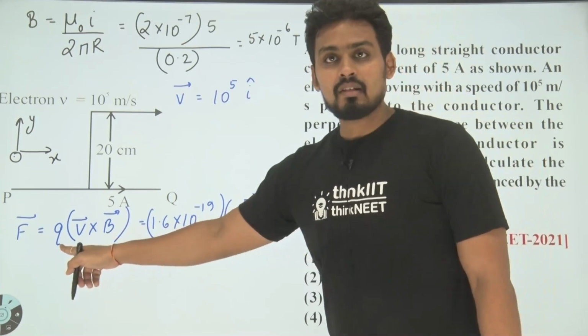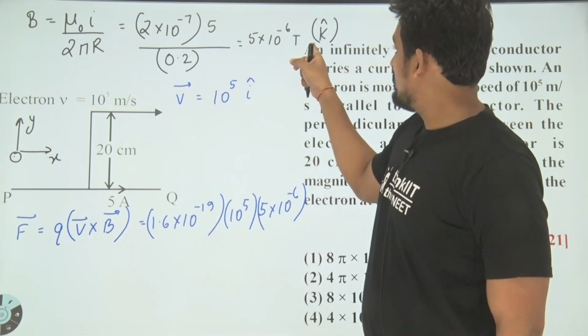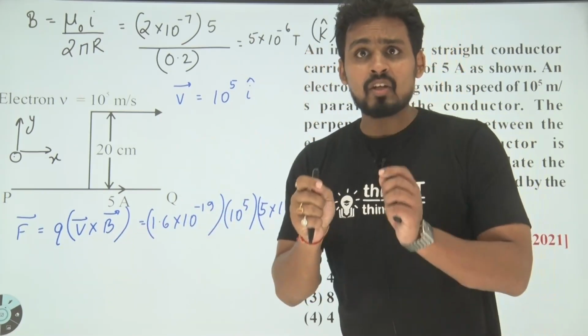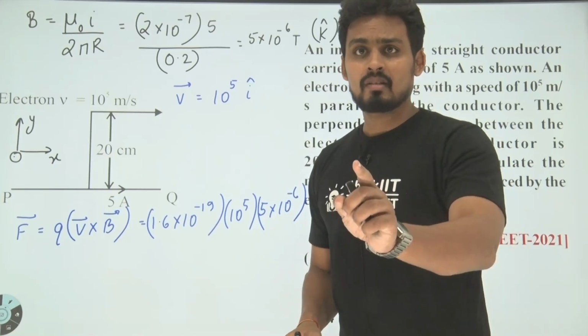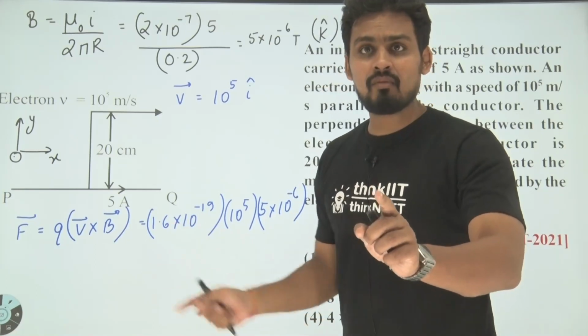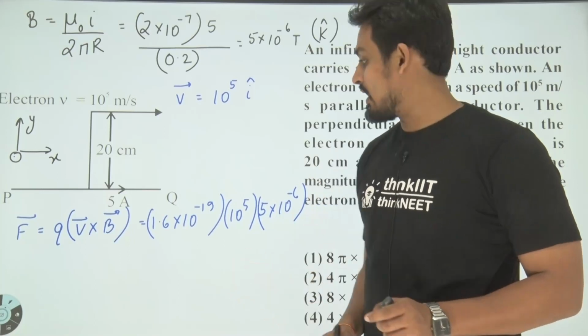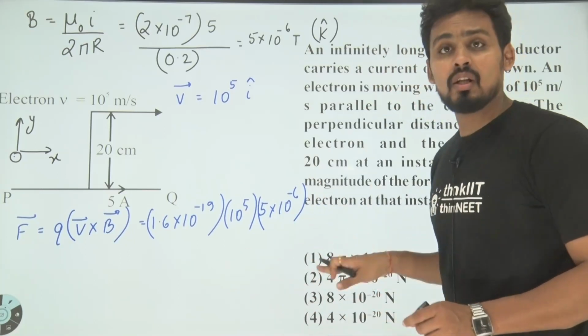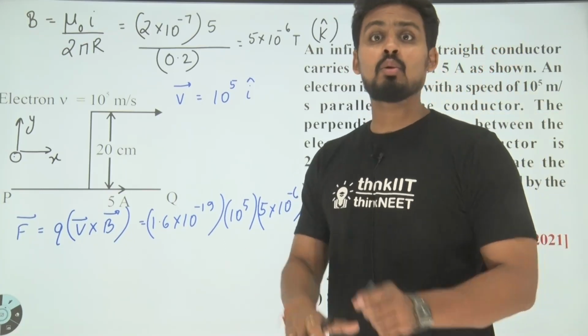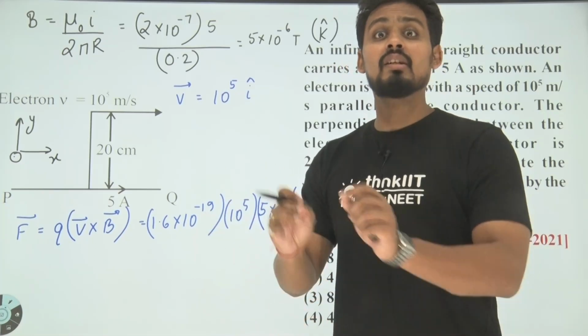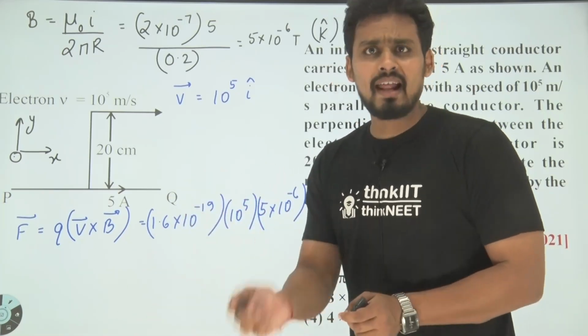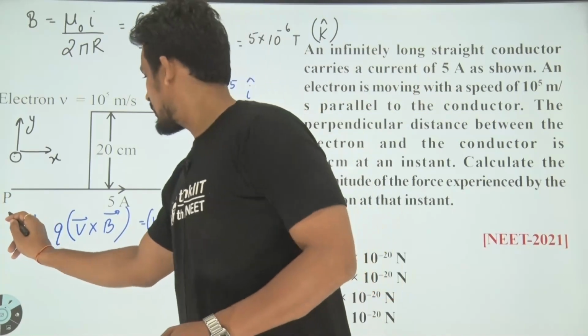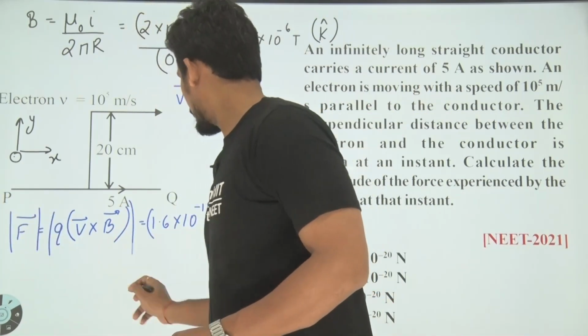Now, since this is a cross product, the angle between k cap and i cap is 90 degree. Therefore sine 90 is equal to 1, and therefore I have eliminated that value. And because among the options all the answers are in terms of magnitude, therefore I will not be concerned about the sign or about the direction in which the force is being written over here. Correct?